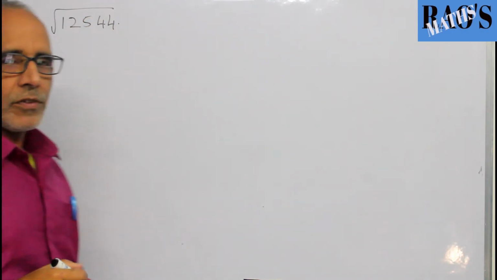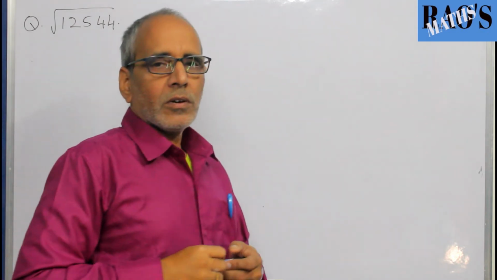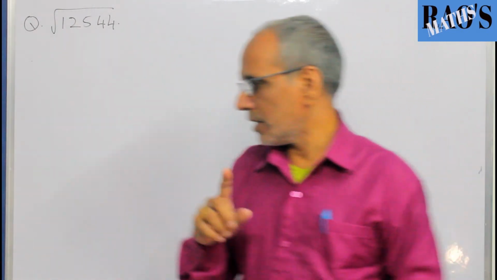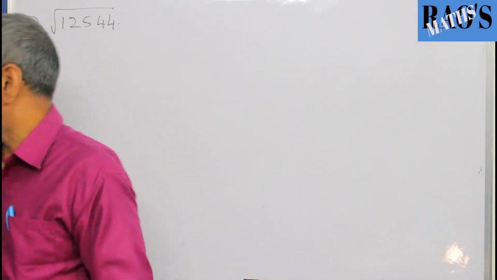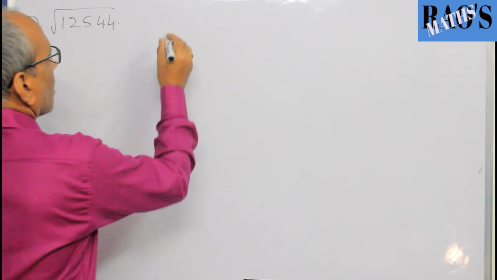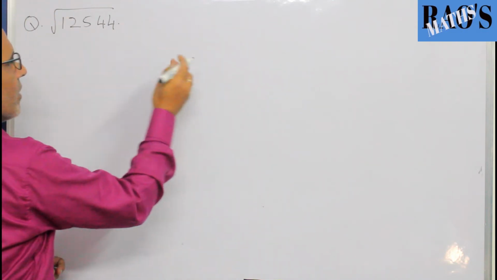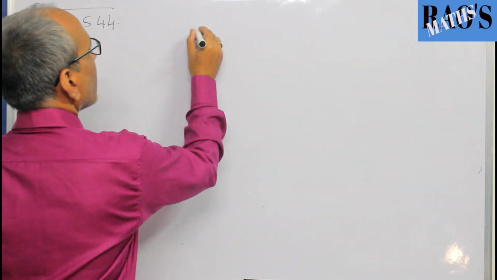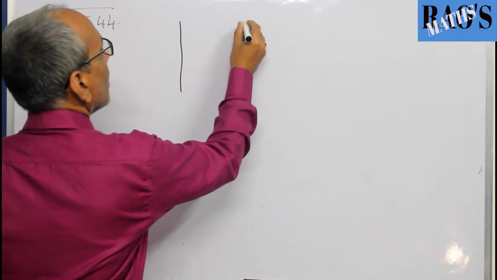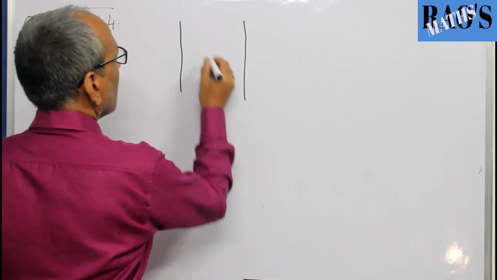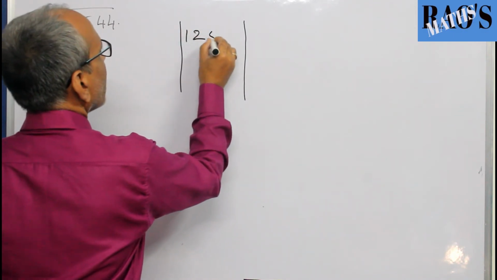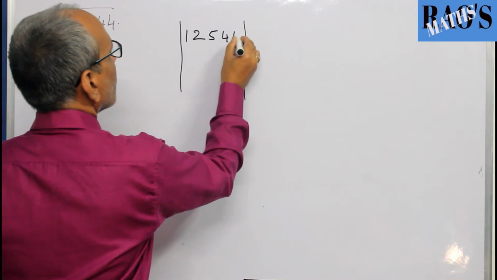Okay, I took a 5-digit number, 12544. I want its square root by the division method. To find the square root of the given number, it should be written in between two parallel lines, 1, 2, 5, 4, 4.